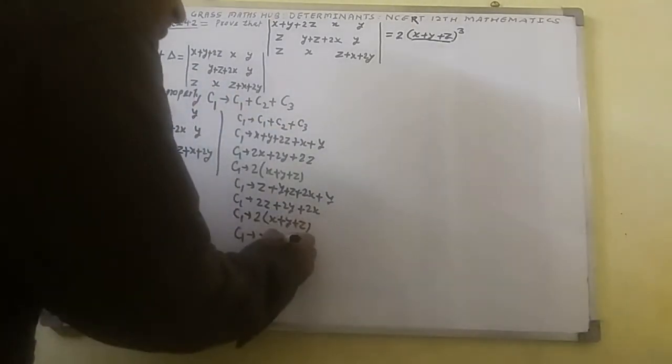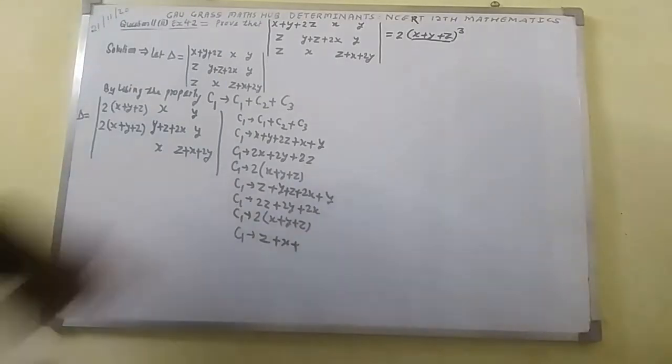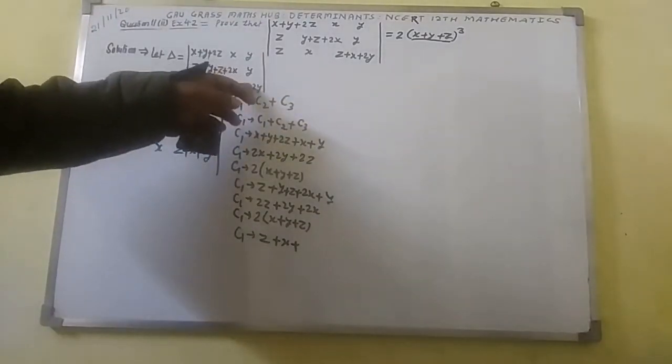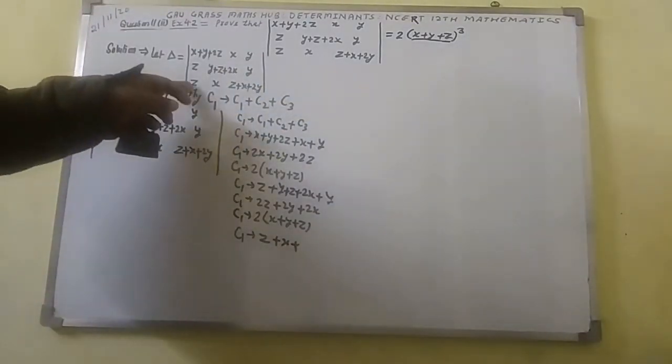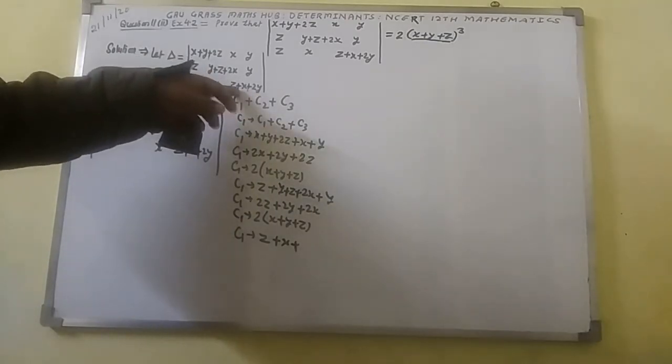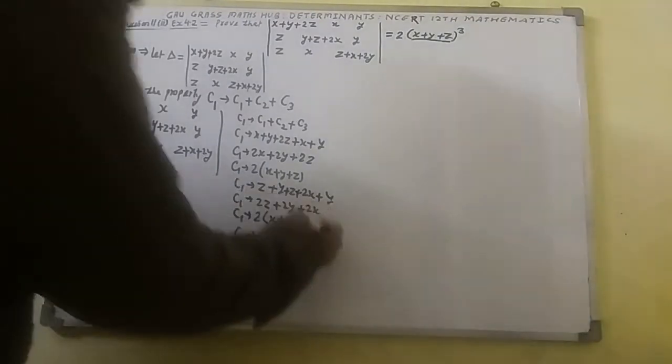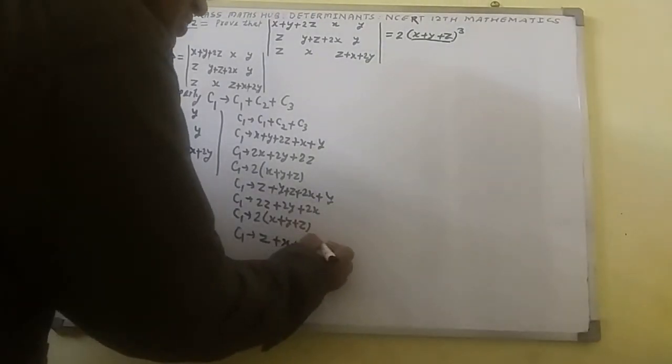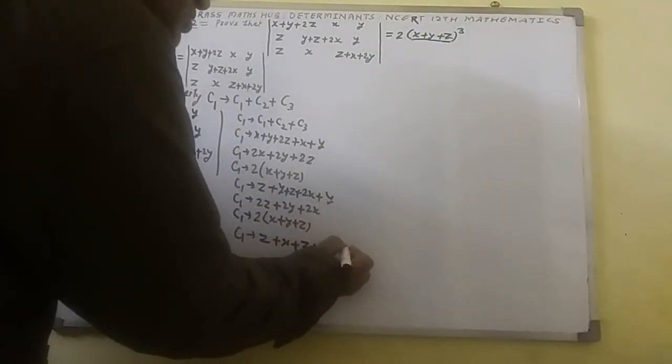Here write x. For C3, I shall refer to the third column. The corresponding element of z in the third column will be z plus x plus 2y.